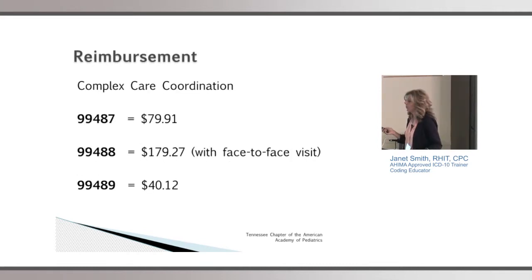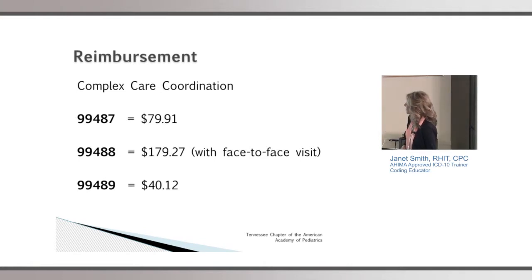So when we look at reimbursement, I know she gave you figures, and by the way, all of the reimbursement figures that I'm giving you today are based on the 2013 Medicare fee schedule. We're not really supposed to talk about fees, but this is a way that we can talk about fees under one rate here.